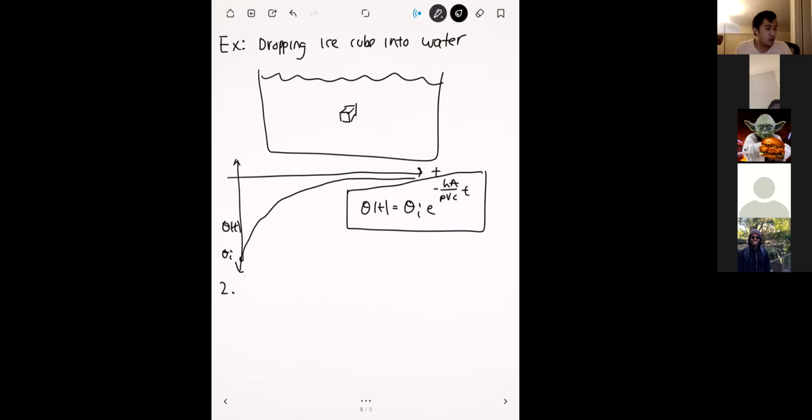Okay, so the first thing I want to show you that you can do with this equation is say that you want to find out how long it's going to take the ice cube to reach a certain temperature. Right, and so the key word in here is how long. And so this tells us we're going to solve for a time.